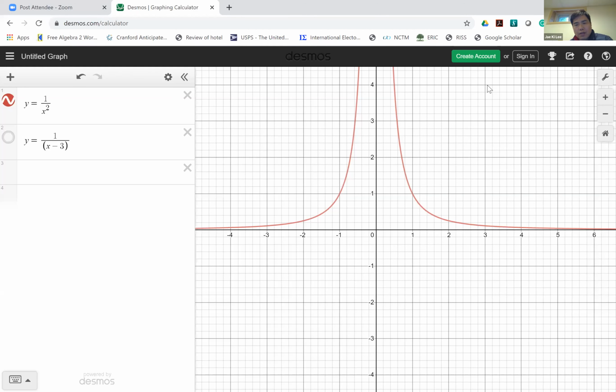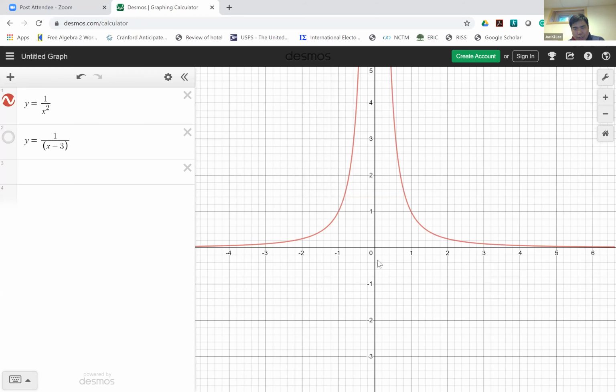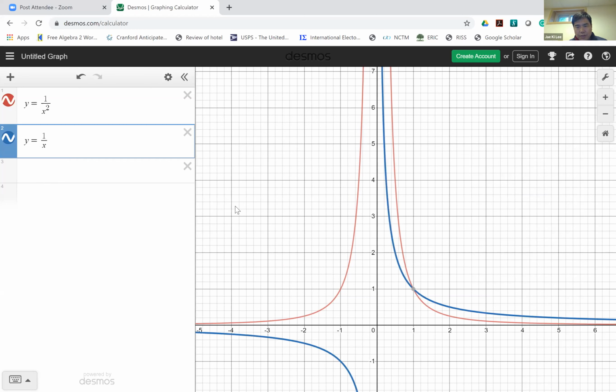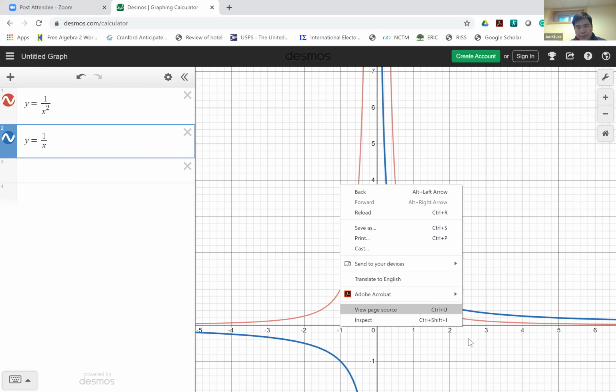Okay, so now can you find out the difference between the y equals 1 over x graph and the y equals 1 over x squared graph? So I can show both of them here.